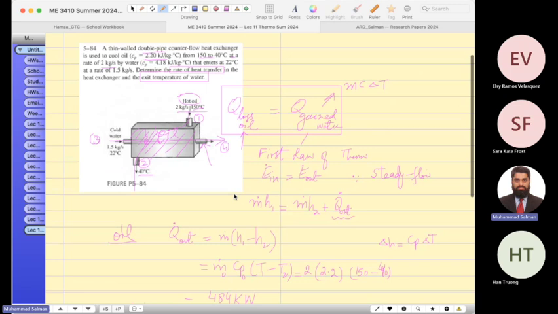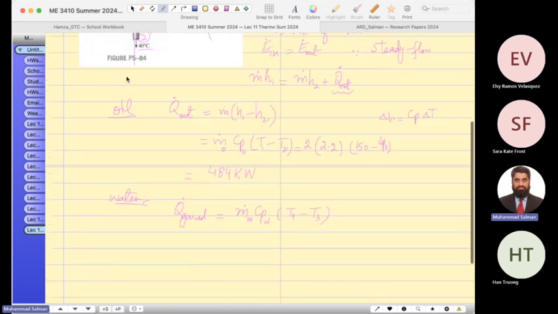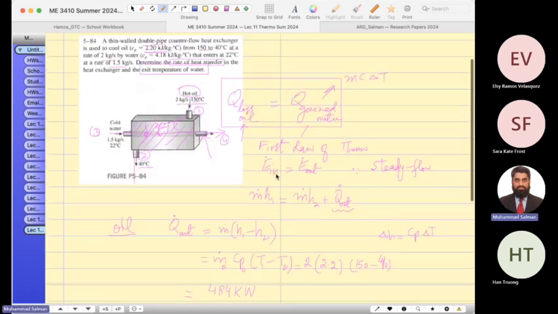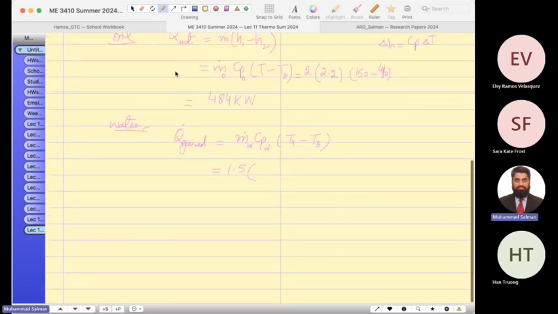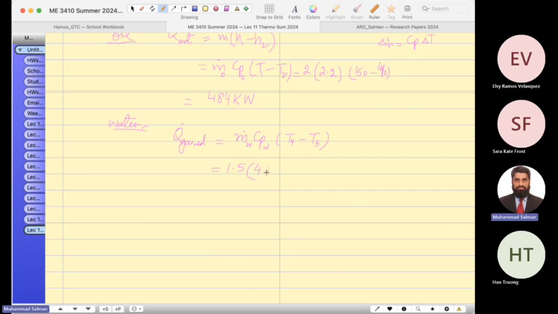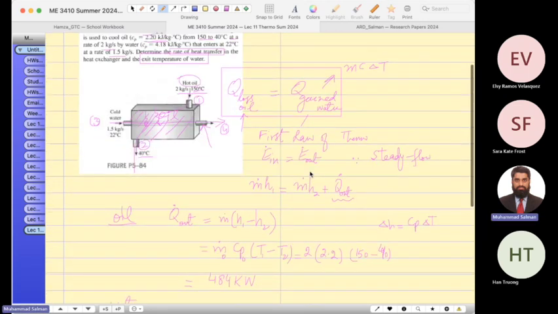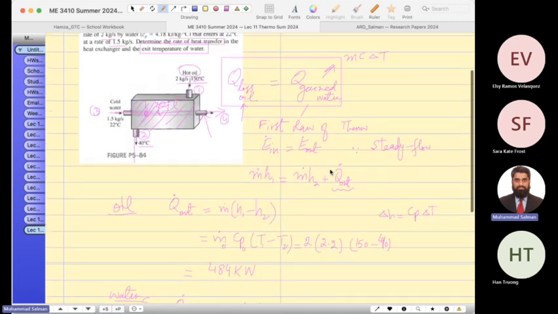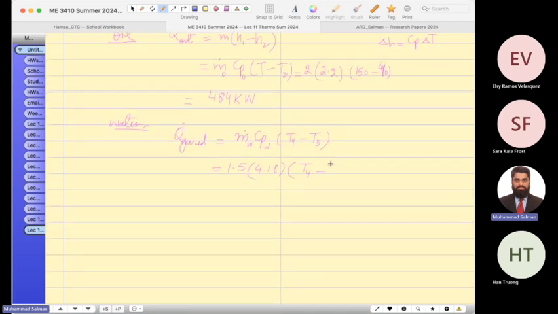The mass flow rate is given. This is 1.5 kilograms per second. And the specific heat capacity for water is 4.18. T4 we have to find out, the exit temperature, and the inlet temperature is 22 Celsius. It's the same heat. So if you do the math, do you get 99.2 Celsius?